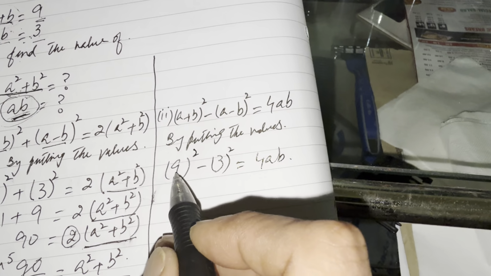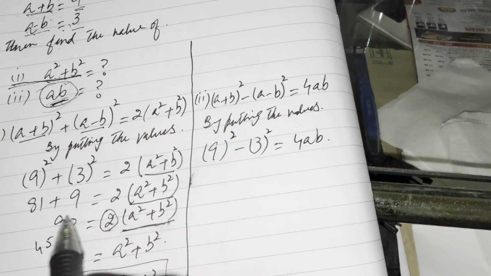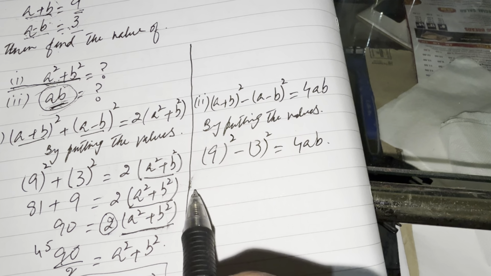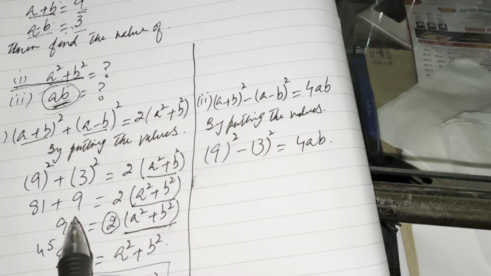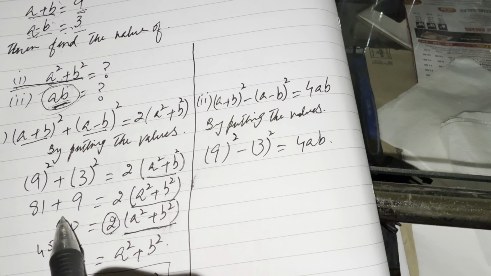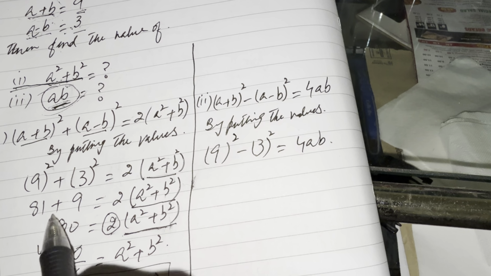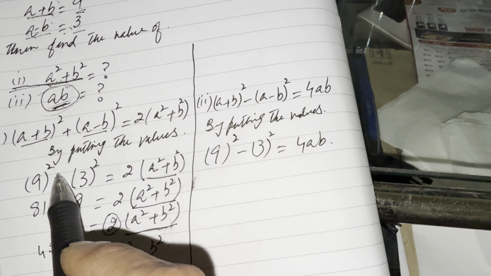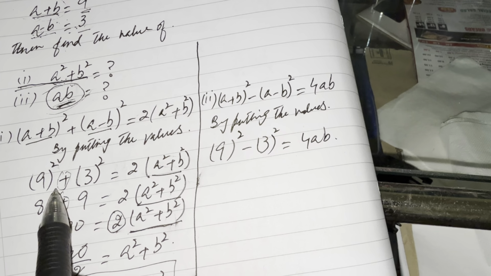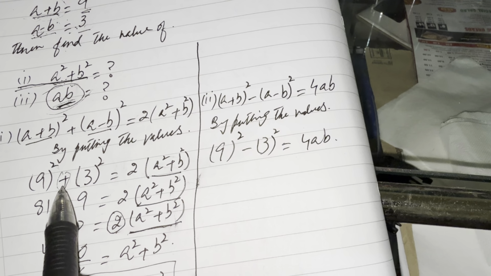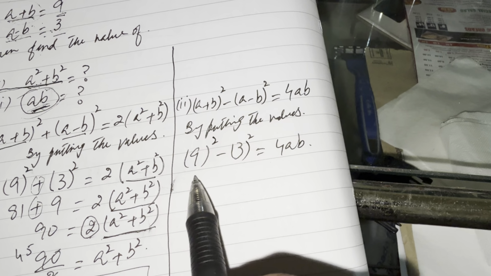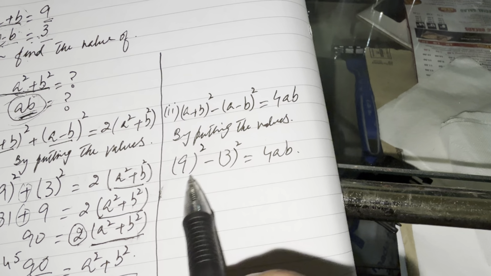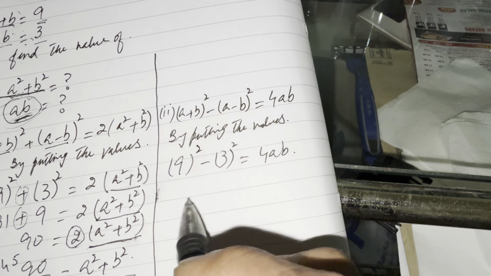It is the same process that we have done in this example, but the difference is the sign. There the sign was positive plus and the values were added with each other, and now the sign is minus and they will subtract with each other.